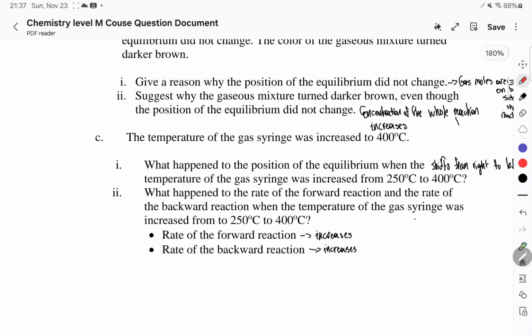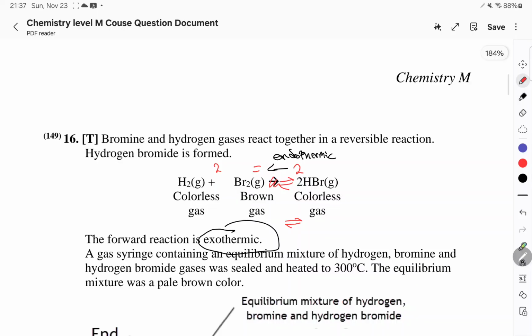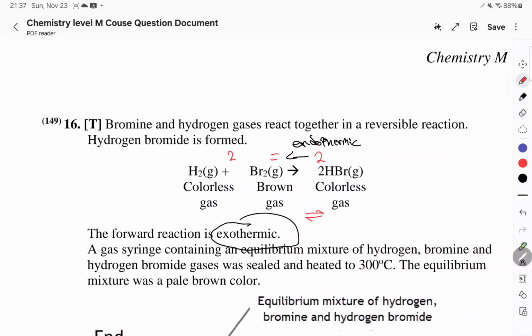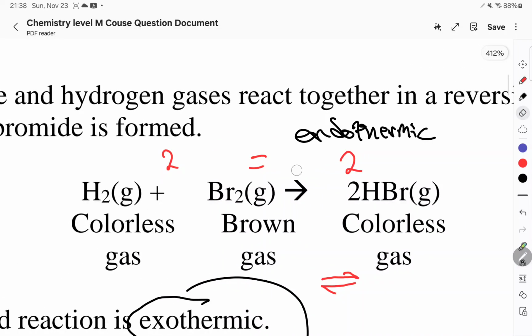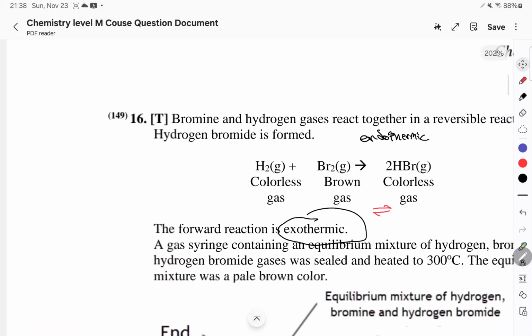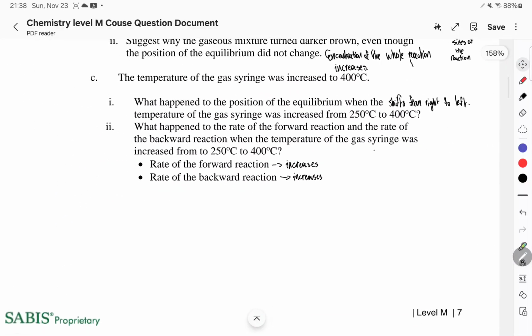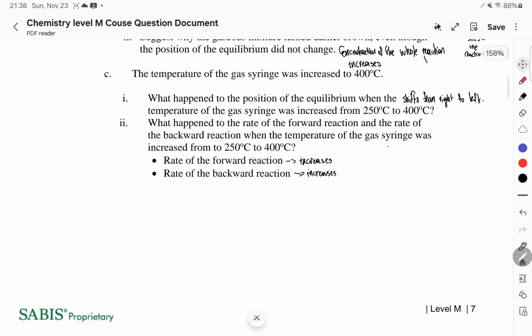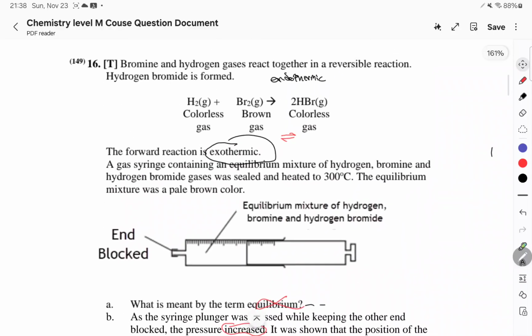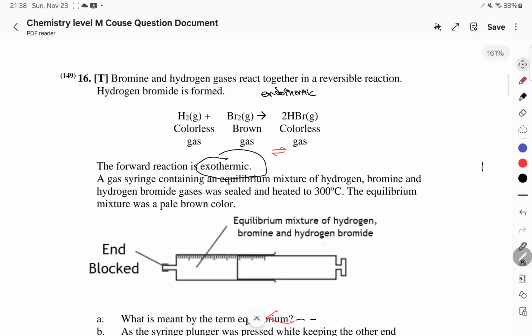And we know that when temperature increases, the equilibrium shifts to the endothermic side, meaning that it shifts to the left or the backward reaction. So let's go back here and see part I: what happened to the position of the equilibrium when temperature increases.